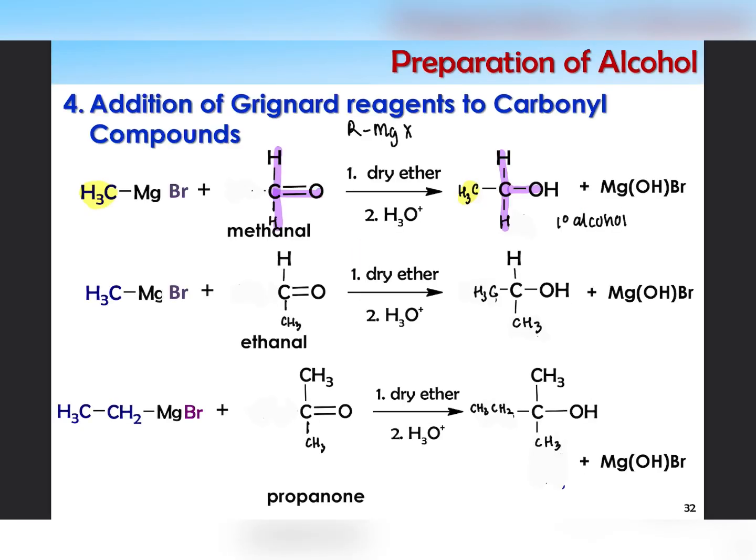Okay, now let's have a look at few example of Grignard reagent. So ini recap sahaja untuk apa yang kita dah belajar the other day. So for this one, okay, so you have this Grignard reagent, and the one I highlight in yellow is the alkyl group attached, and this is where we write it back.